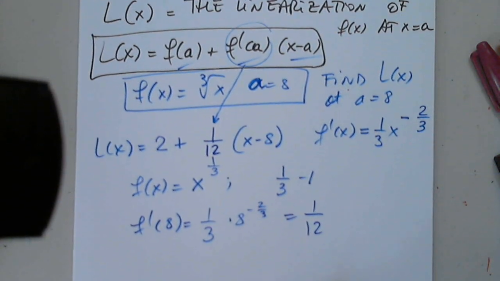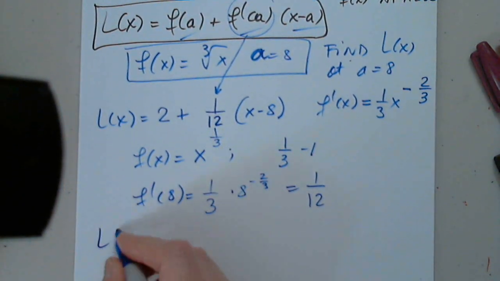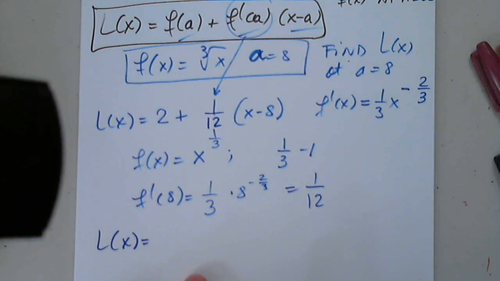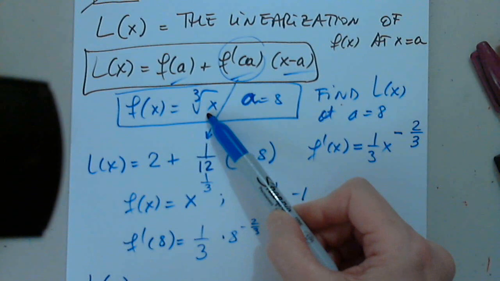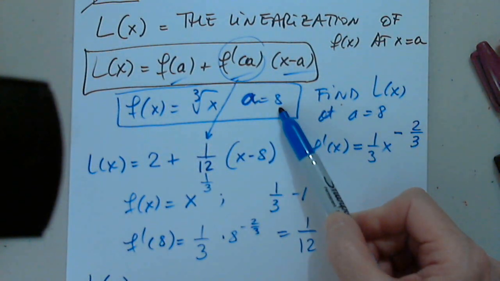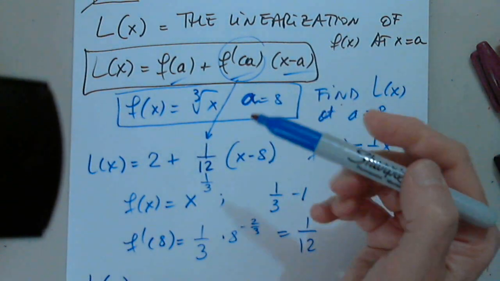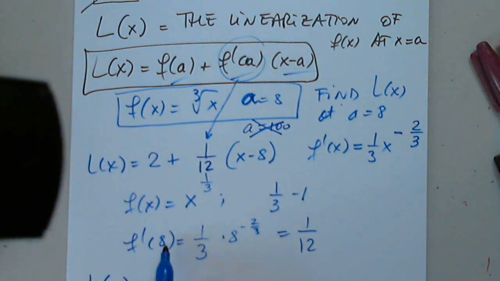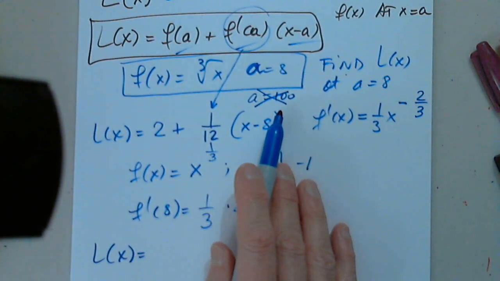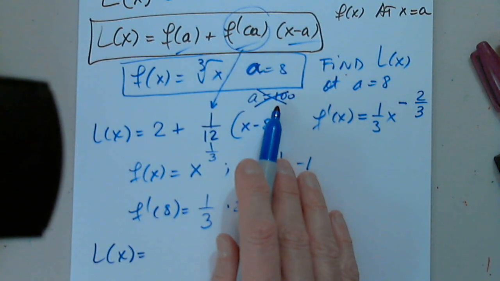Good. So what is the function? So the linearization, which is a linear function that will evaluate this function near 8. If you say, what about a equals 100? No, this function that we just determined cannot evaluate at 100. I need another function near 100.